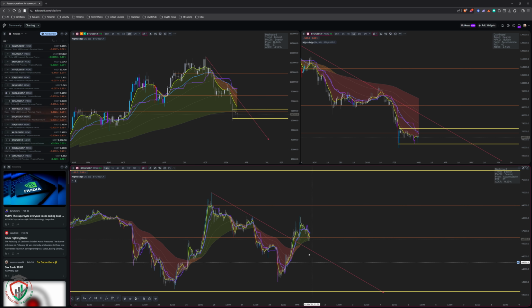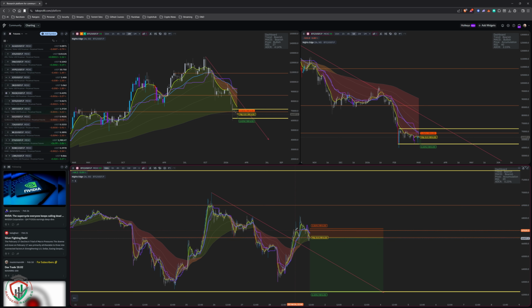Okay. So there we have it. Currently we're going off the resistance here. So if we flip on the resistance, I've already got a short open, by the way. Let's have a look. So we'd probably be following this down to range low, and let's just bump this up to just above local support and resistance there.